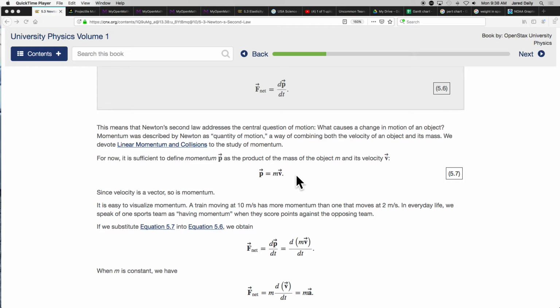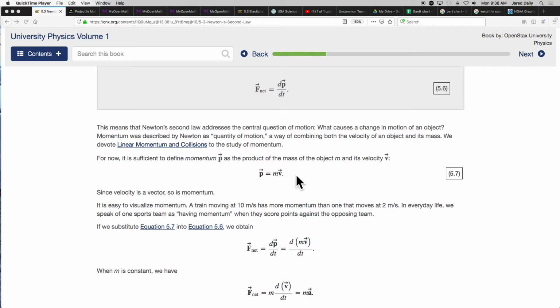Now, this is what we call linear momentum, the momentum of a particle moving in a straight line. Linear momentum is technically only a version of a different kind of momentum we call angular momentum. So we don't usually say that linear momentum is the end-all of the universe. We usually say that angular momentum is. And we'll learn more about angular momentum later. But momentum is something that is conserved.